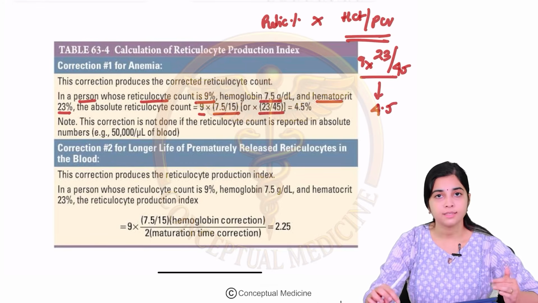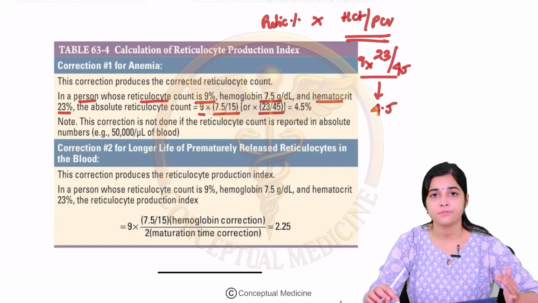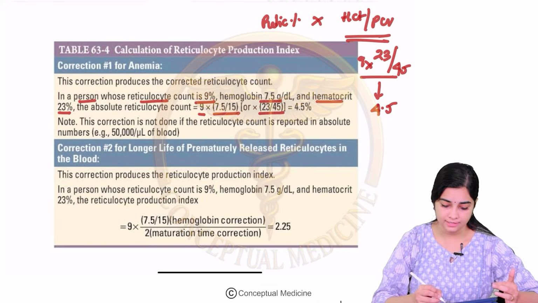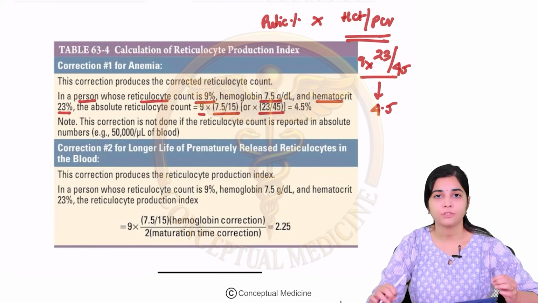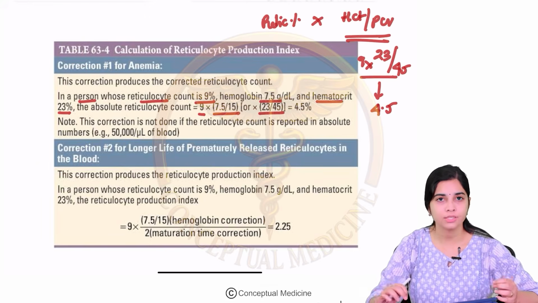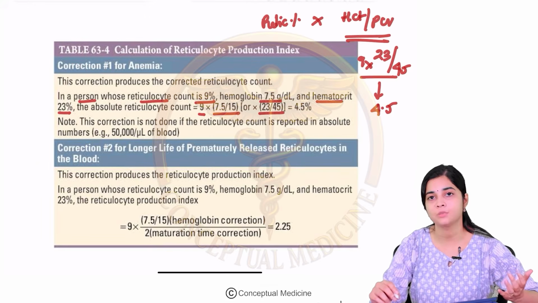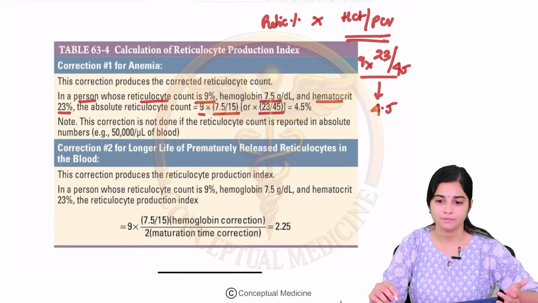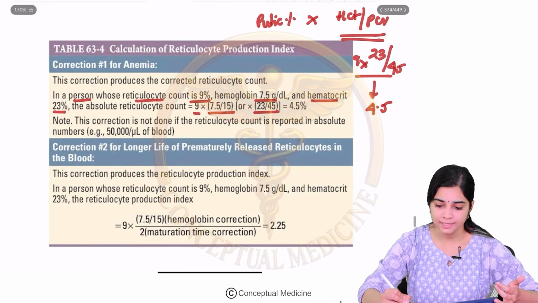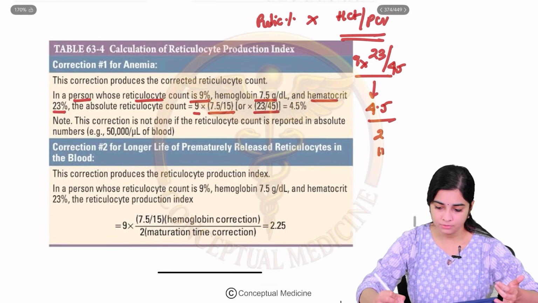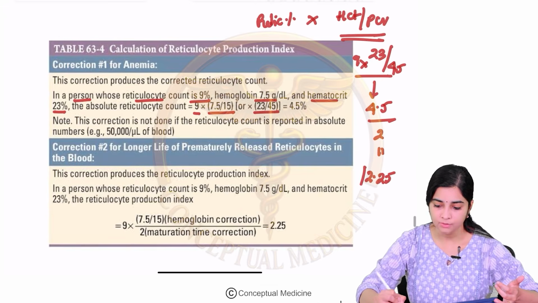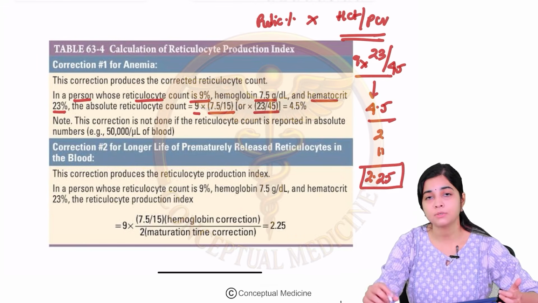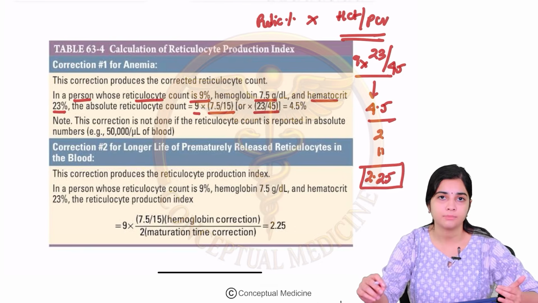Fine. Now, the next step in the calculation of the reticulocyte production index would be to correct it for the maturation factor, right? So here, what would be the maturation factor? PCV is 25%. So the maturation factor will be 2. So you will have to divide it by 2, which is equal to 2.25. So if anybody asks you, how will you calculate the reticulocyte production index?